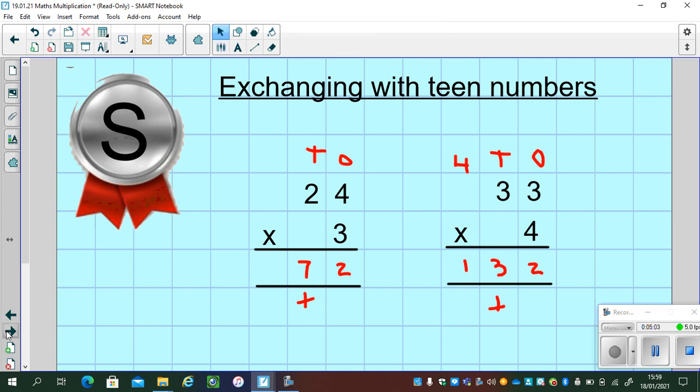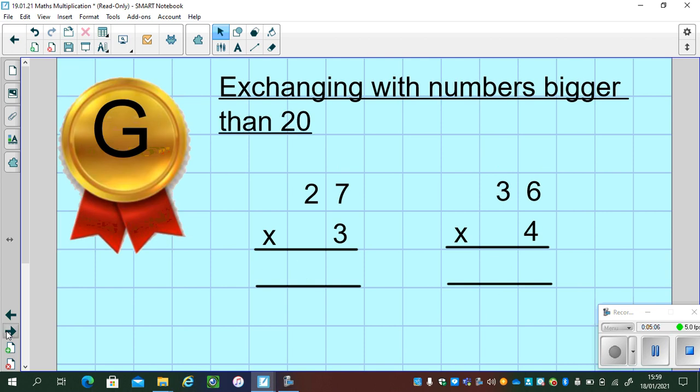If you want to extend yourself a bit further, let's have a look at the gold. Gold will be exchanging with numbers that are bigger than 19 or 20. Let's have a go at one more. 27 multiplied by 3. So again, I've still got my 10s and my 1s. 27 is made up of 2 10s and 7 1s. I'm multiplying by 3, which belongs in the 1s column. Let's multiply by the 1s first. 3 multiplied by 7 is 21.